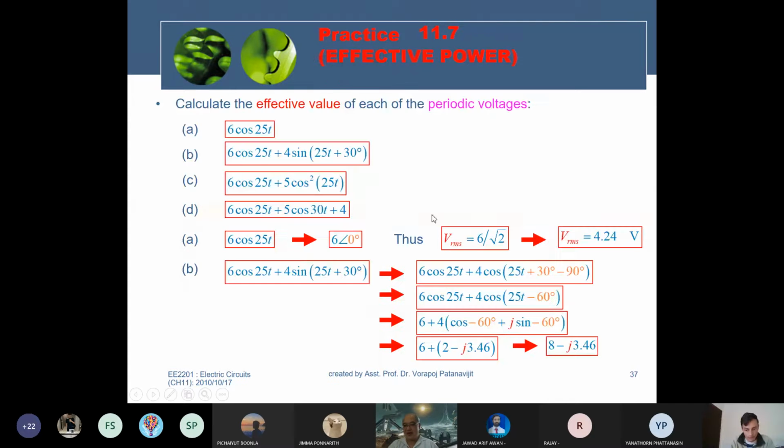Okay, for the C and the D, I will give you another 10 minutes and then provide the solution. The same technique, but for this one you must use the trig identities to convert them to power 1.